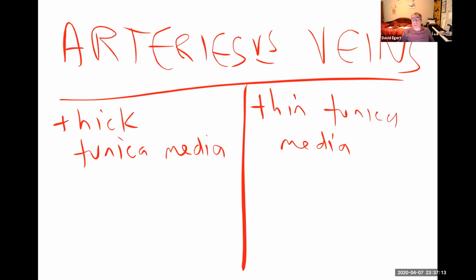Because of this, when you look at them under the microscope or on the cadavers, arteries tend to stay open. They're kind of like rubber hoses. I will show you on some of the videos of cadavers, although we're obviously not going back to ever see them in class. Veins are much floppier.